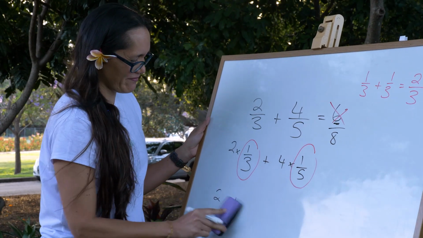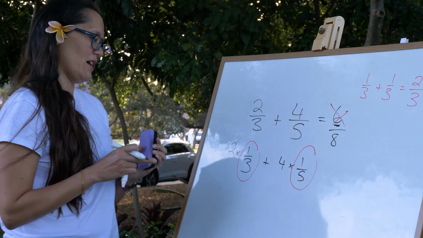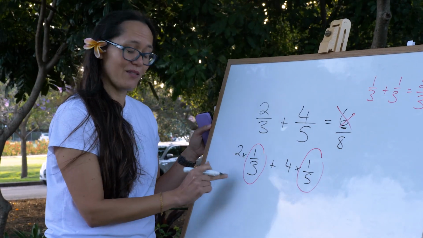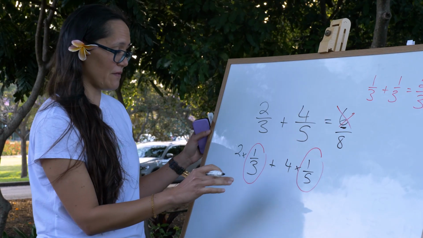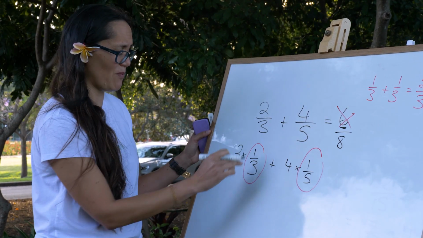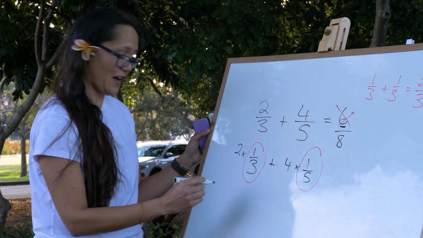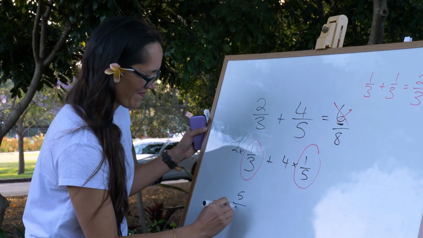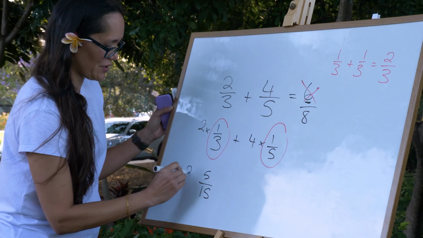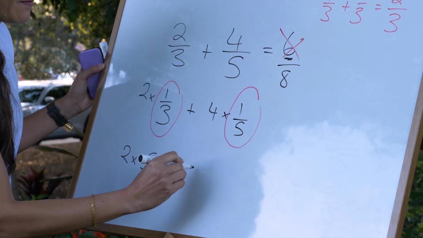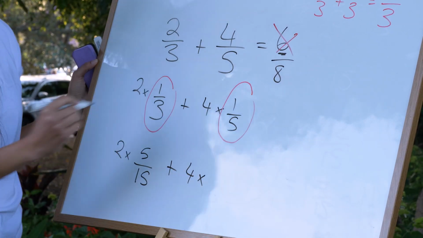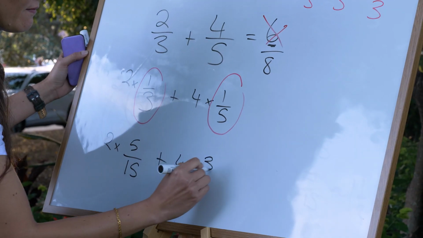So what do we do? Well, we can write this again in our common denominators, so into 15ths. 1/3 is 5/15. So I've got 2 times 5/15, and 4 times 1/5 is 3/15.